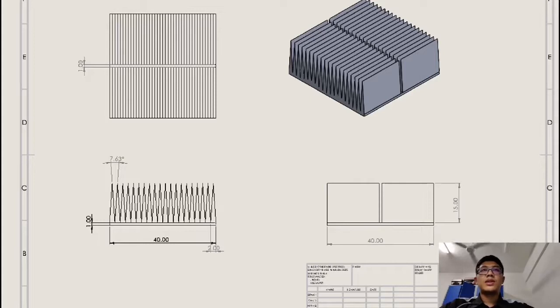The base of the heatsink is 40mm times 40mm and the thickness of the base is 1mm. The fin also has 15mm of height, and the angle between each pointy fin is 7.63 degrees.